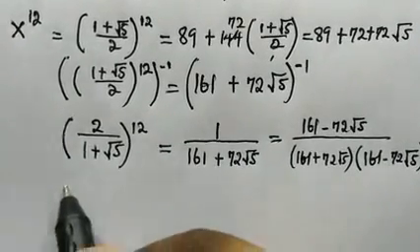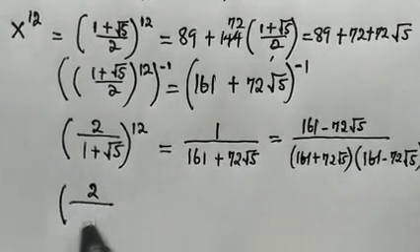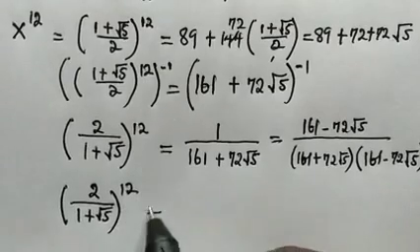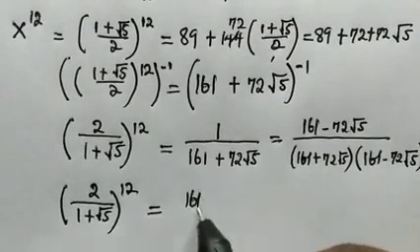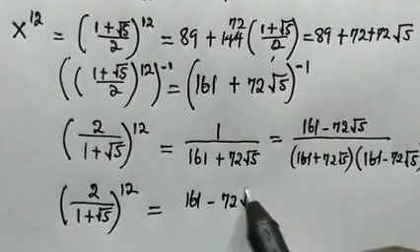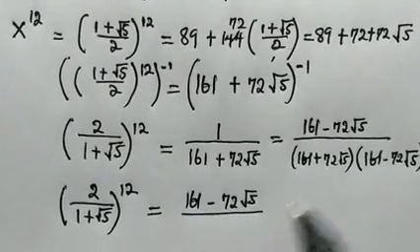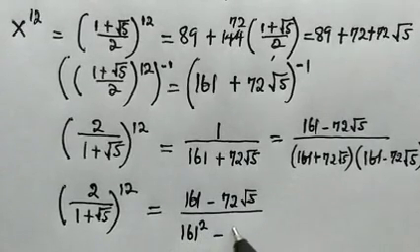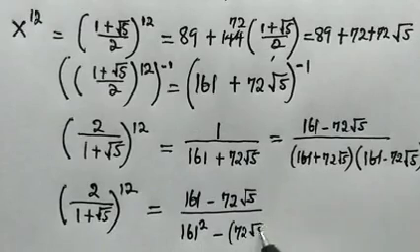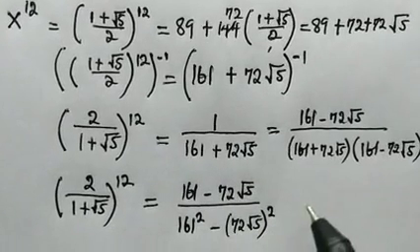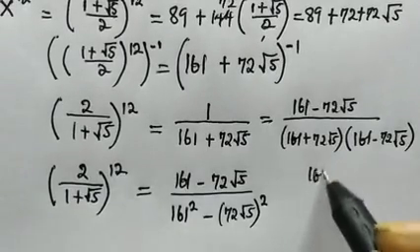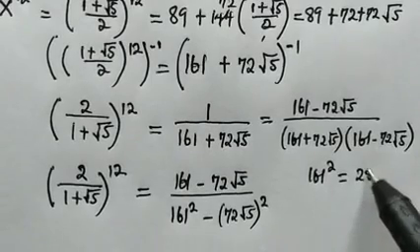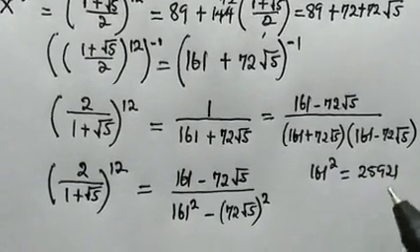So now we get here 2 divided by 1 plus root 5 to the power of 12 will be equal to, upstairs there we get 161 minus 72 root of 5, then divided by the difference of two squares, so that will be 161 squared minus 72 root of 5 squared. Okay, but fortunately 161 squared is equal to 25921, right?